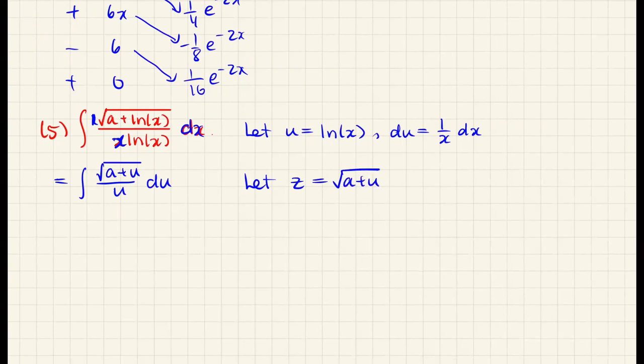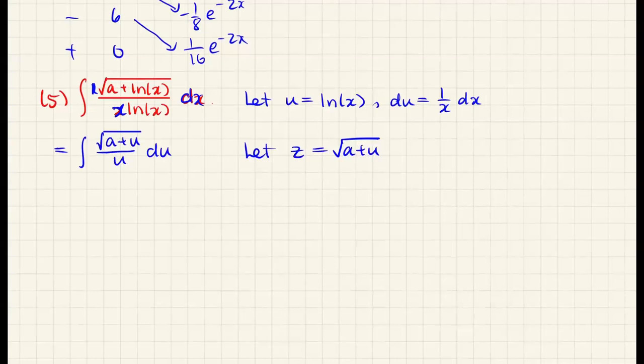So this is the rationalizing substitution. So that means z squared is going to be a plus u. So that means 2z dz is going to be du. And as well, u is equal to z squared minus a.